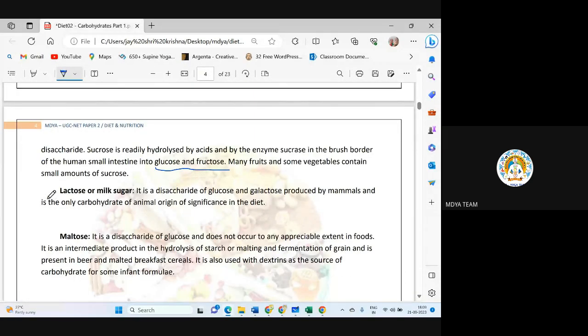Next one is lactose. Lactose is also known as milk sugar, because lactose is present in milk. You have heard that many people are lactose intolerant. Lactose intolerance means many people can't tolerate this lactose.